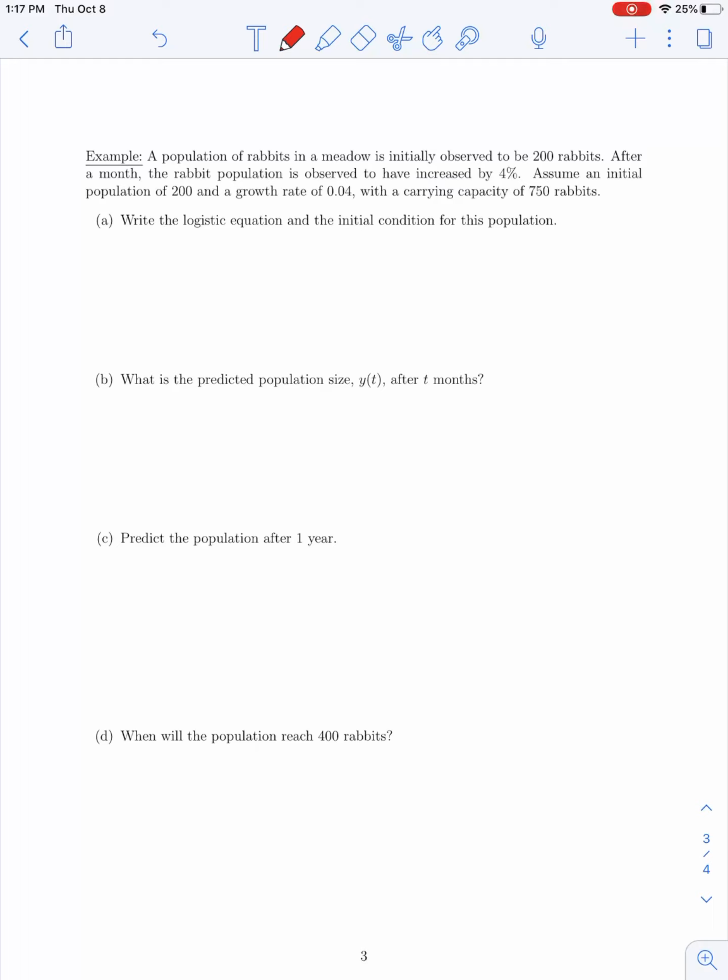In part A, we are asked to write the logistic equation and the initial condition for this population. So thinking about the logistic growth equation, we had dy/dt is equal to r, which represents our growth rate, in this case 0.04, times y times 1 minus y over k, where k was the carrying capacity, and in this problem we were given a carrying capacity of 750 rabbits.